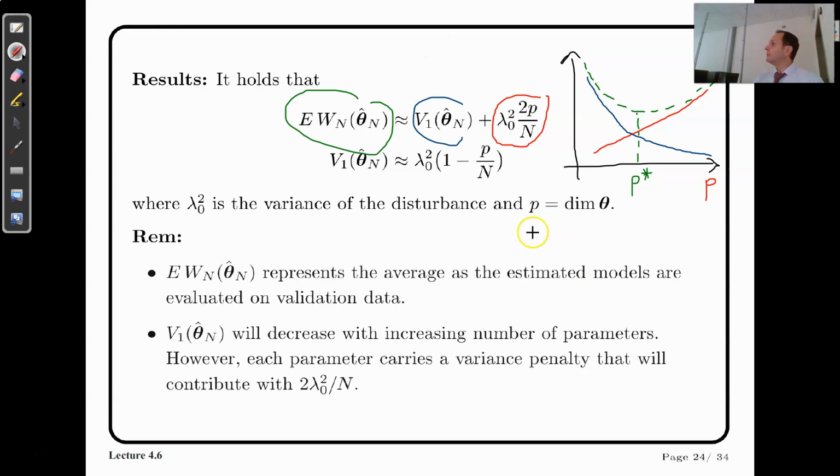If you are able to depict this function, this is the expected value of W, you have an indication of what is the optimal number of parameters. We will see that for the case of ARX models, you can obtain this function before estimating the parameters. So it's something that is very useful.